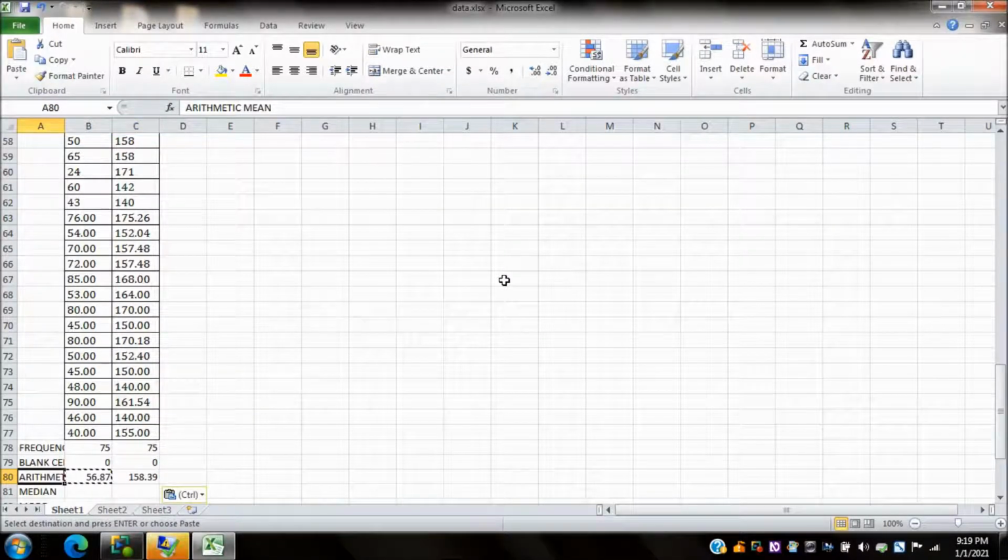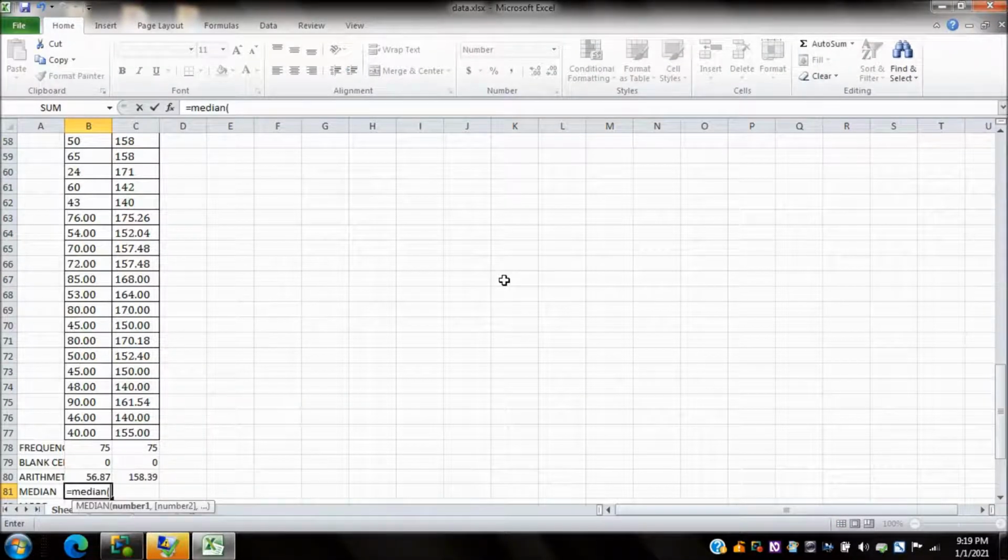Arithmetic mean, median 81. B81, weight. Here in B81, I'm going to find the median of the weight of the respondents, and I'm going to make use of the median function. That is equals MEDIAN, and the cell range.